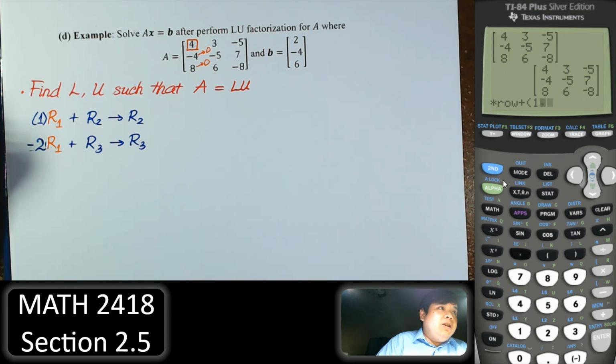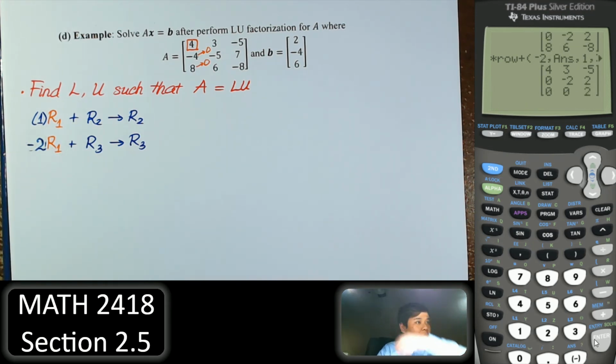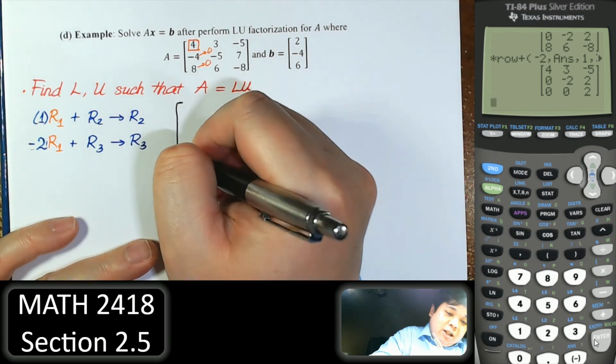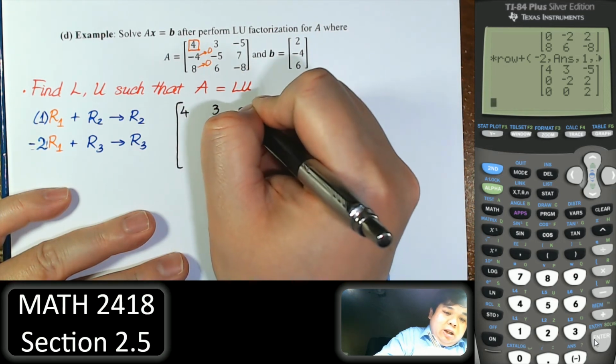One. Multiply to row 1 and replace into row 2. Right, so that 0 is good. Now do that, but use -2, answer, multiply to row 1, add and replace to row 3.